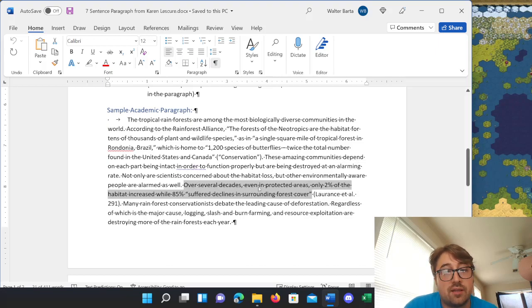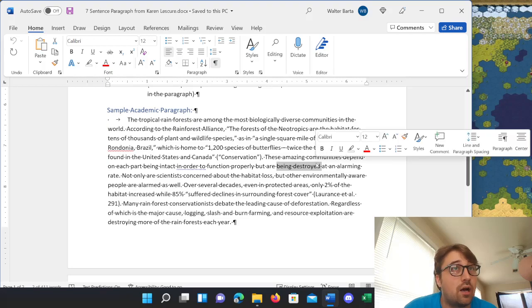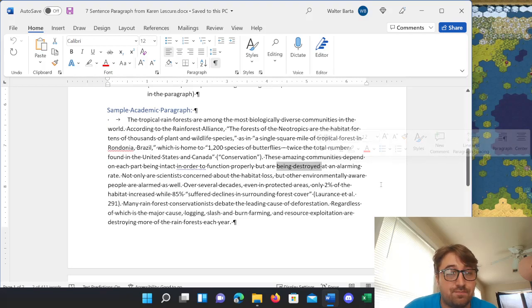So this supporting detail somewhat supports the commentary that was being made directly before, right? It's supporting the claim that the rainforest is being destroyed by saying that only 2% has increased while 85% has suffered declines. So that directly supports the claim before in the commentary that the rainforest is being destroyed. So now we have some commentary on this evidence.